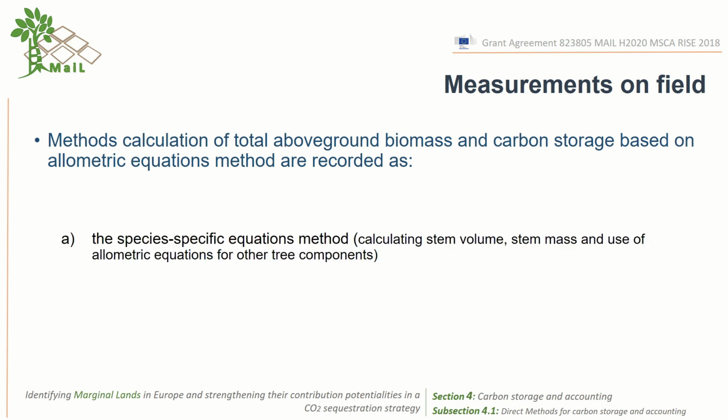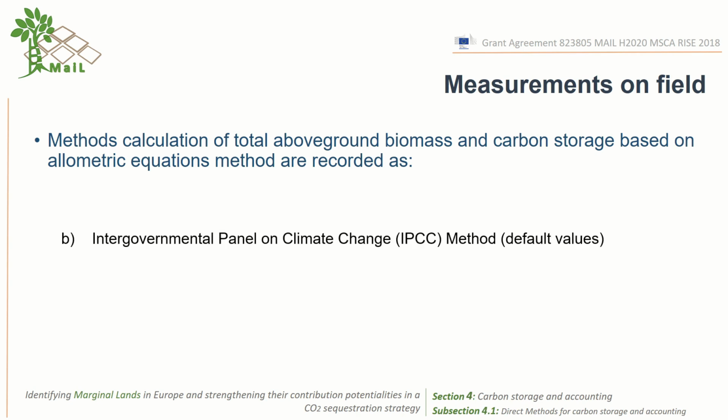Frequently used methods of calculation of total above-ground biomass and carbon storage based on allometric equations are recorded as the species-specific equations method, based on calculating stem volume, stem mass, and use of allometric equations for other tree components for specific species. The Intergovernmental Panel on Climate Change method, where species-specific carbon sequestration values are proposed for each species.